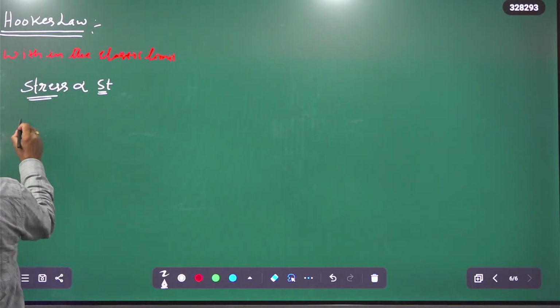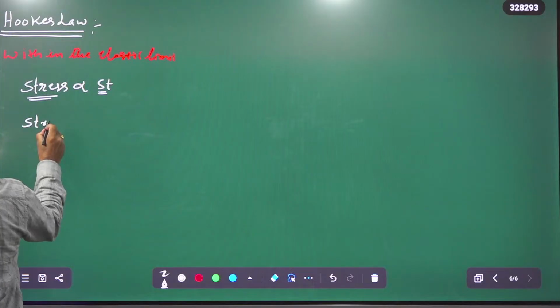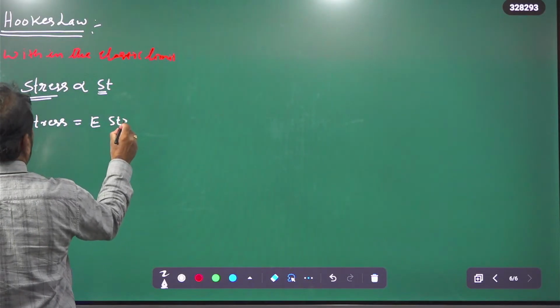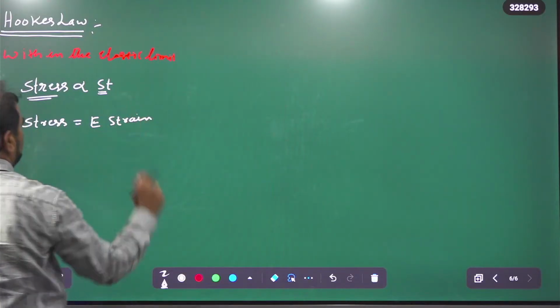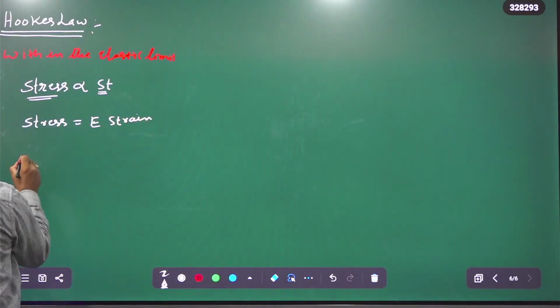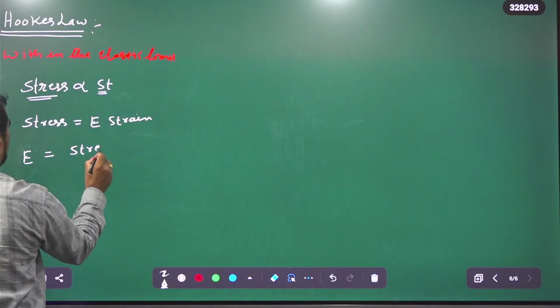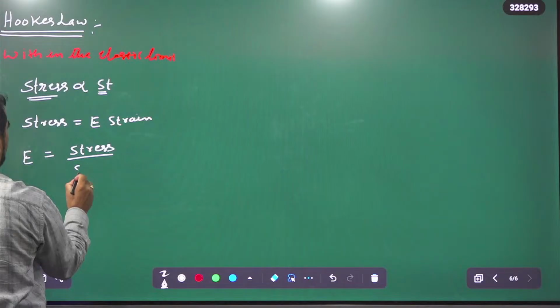Or stress is equal to some constant E into strain. Or E is equal to what? E is equal to stress upon strain.